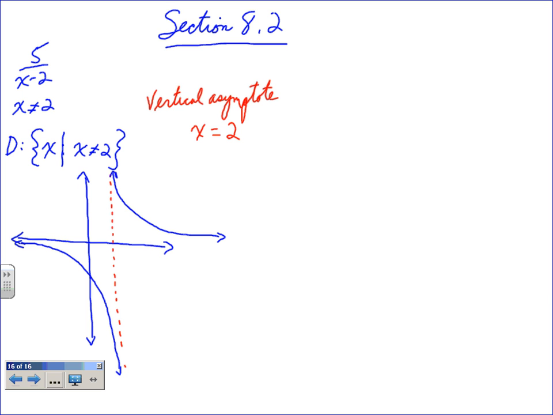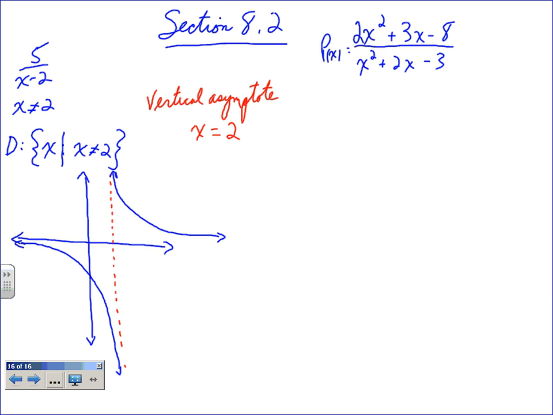Let's take another polynomial expression. We'll call it p of x. Let's make this 2x squared plus 3x minus 8 over x squared plus 2x minus 3. Let's find any vertical asymptotes.